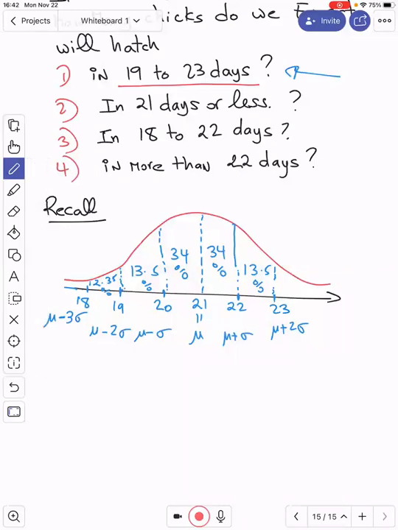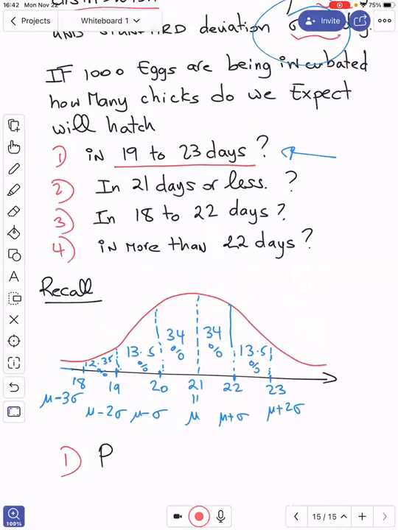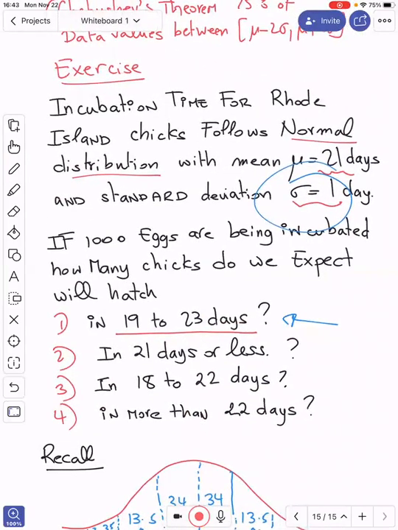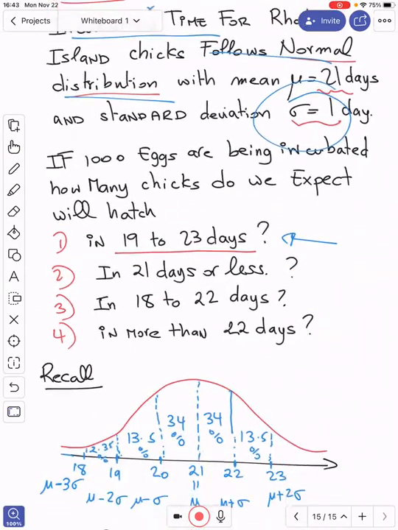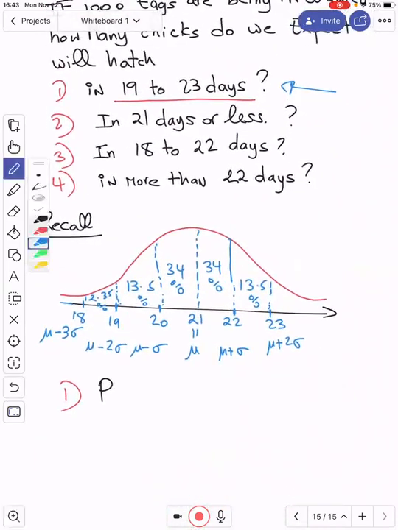For number 1, the variable is the incubation time, and it follows a normal distribution. So my variable x is the incubation time, and in number 1 we need x to be between 19 and 23.